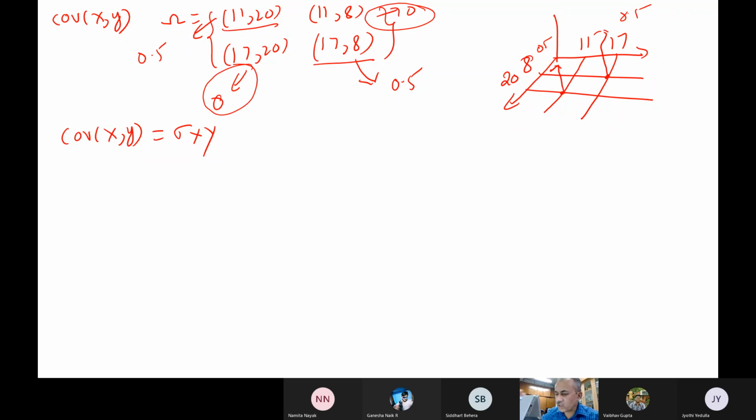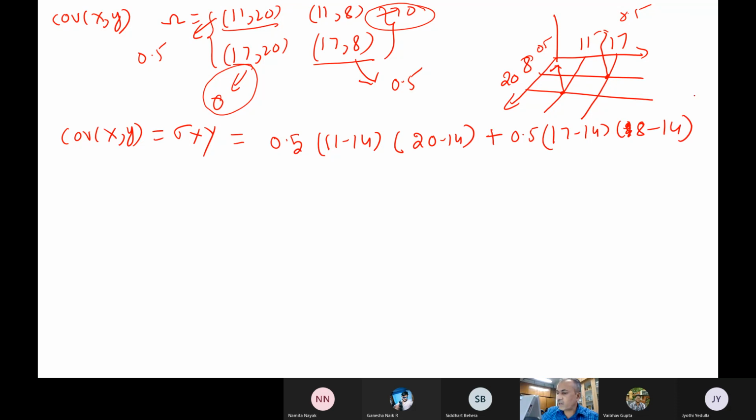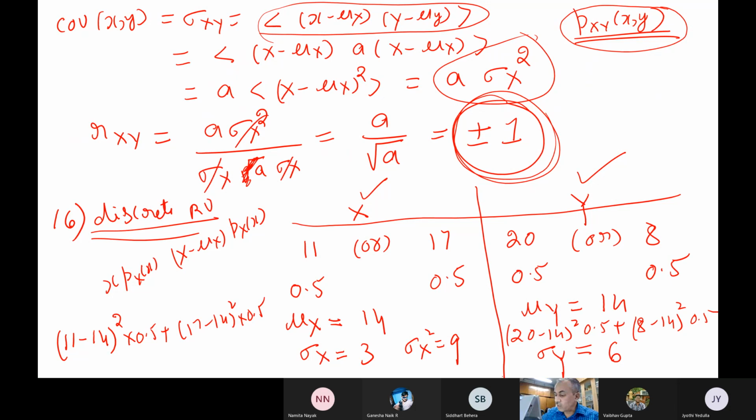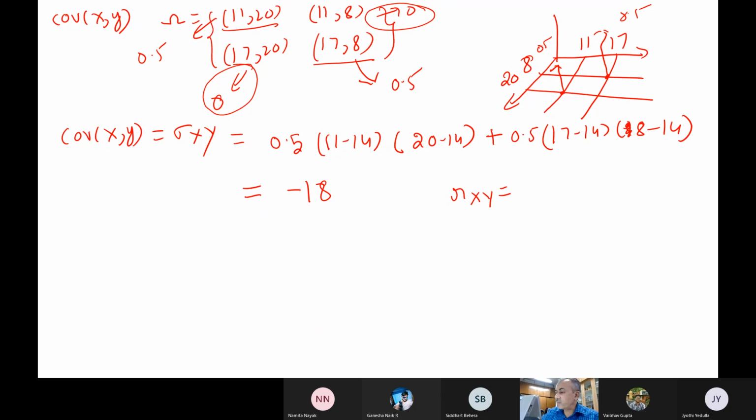So if you sum up, you get 0.5 into 11 minus 14 multiplied by 20 minus 14, because the individual means are the same, plus 0.5 into 17 minus 14 and 8 minus 14. Calculate this number. It turns out to be minus 18, the covariance. Now in this problem, what is the correlation coefficient Rxy? Covariance is this one, sigma x was 3 and sigma y was 6. So what will this be?